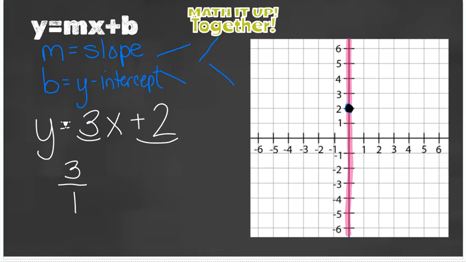So the numerator is going to tell us how far we should move, either up or down. That's our vertical movement. And the denominator is going to tell us how far we should move side to side. That is our horizontal movement.